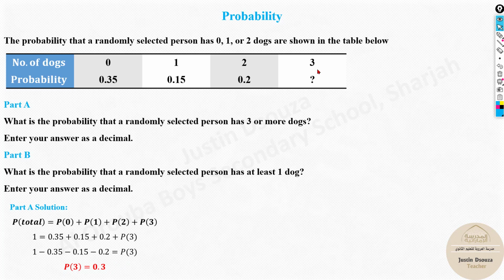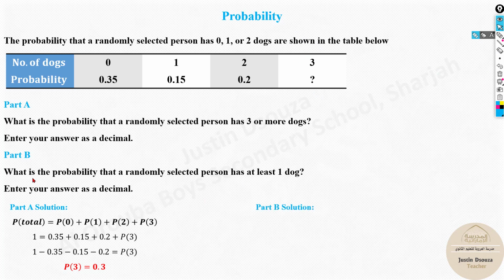So 30% is the probability that a randomly selected person has 3 or more dogs. Since in this table it is not mentioned, we are just taking this, but it is assumed that even if it's more than that, this is the probability.